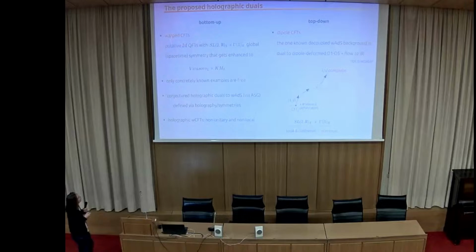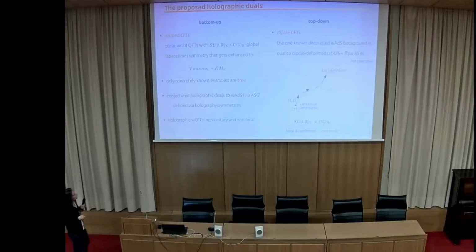One class is known as warped CFTs, which are putative 2-dimensional QFTs which have this enhancement pattern, SL2 times U1, to Virasoro left times Kac-Moody left, with right translations. I say putative, because as far as I know, the only concretely known examples are free. Maybe Alejandra has worked on this, but I don't think there's anything else known. So you have to show that they exist in the interacting case, and they're conjectured holographic duals to warped AdS.